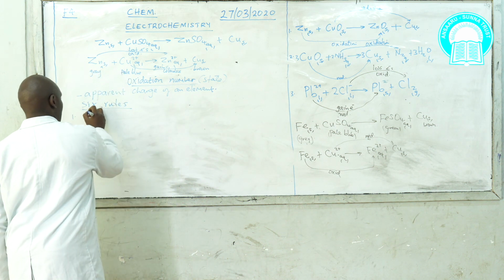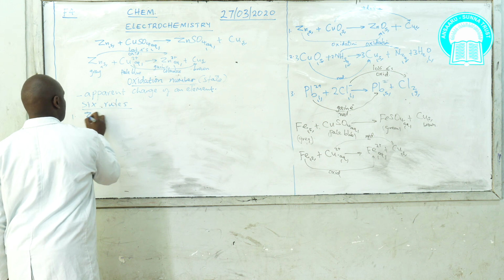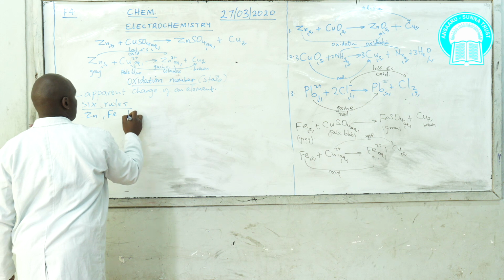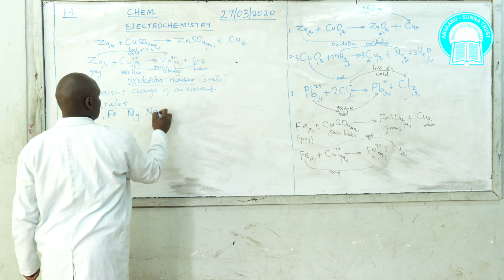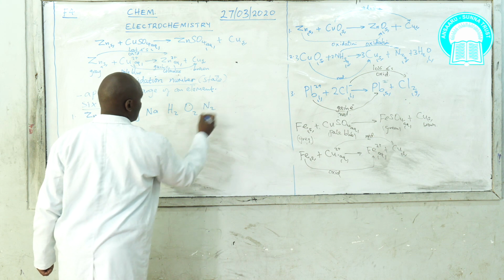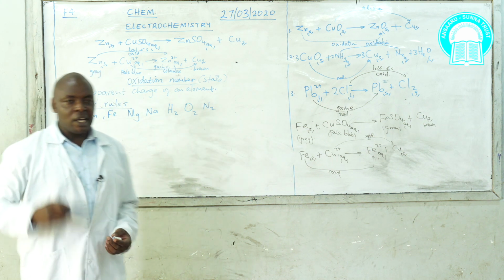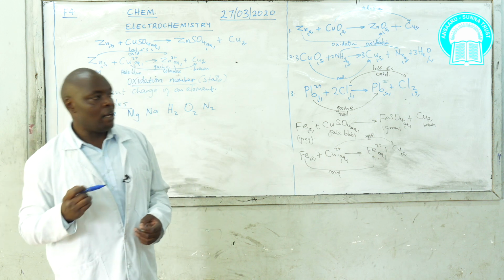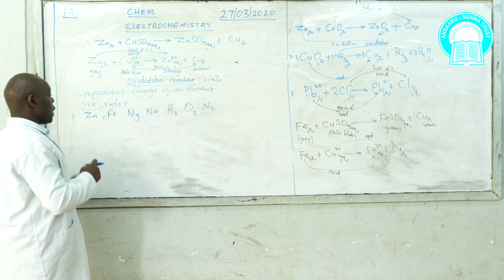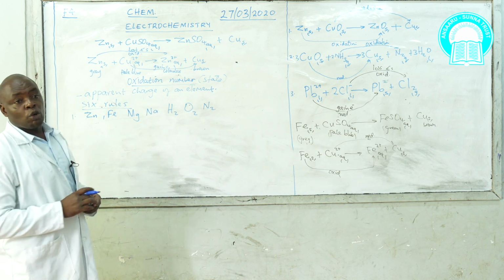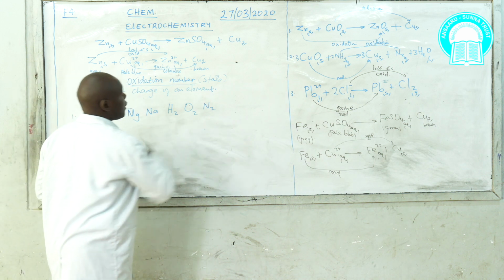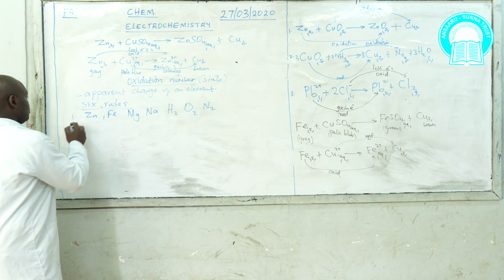That is, if we have an element like zinc, iron, magnesium, sodium, hydrogen molecule, oxygen gas, nitrogen gas, molecules as they are, such that they have not combined with any other element, their oxidation numbers are 0 because the number of protons is equal to the number of electrons. Therefore, the overall charge in these substances is always 0.